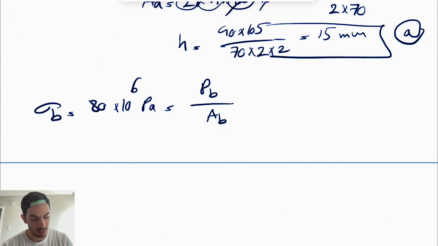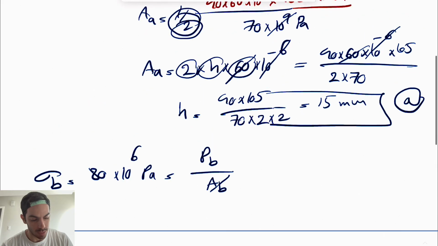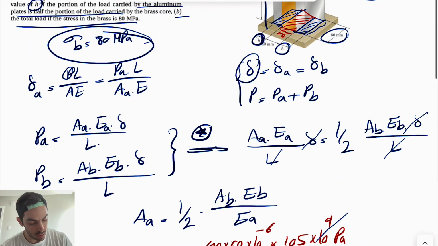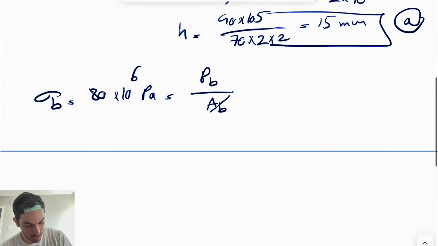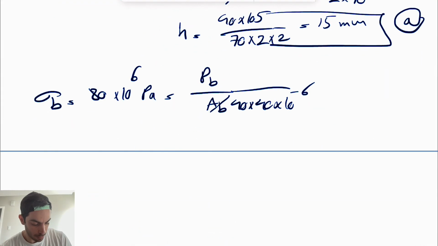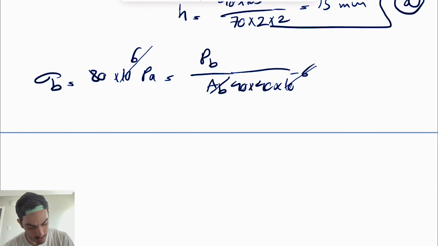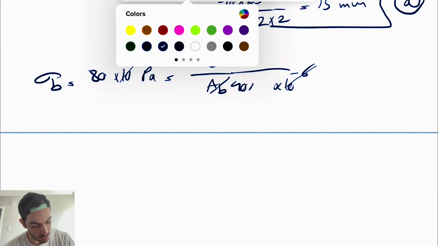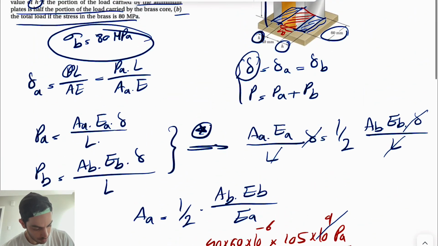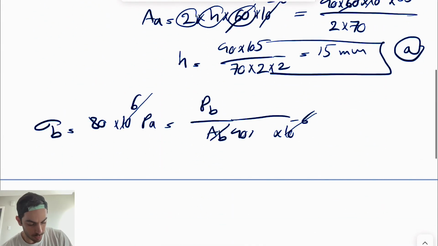It would be the red part, 60 times 40 times 10 to the minus 6. And we can find the force in brass pretty easily.